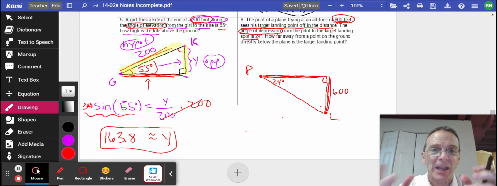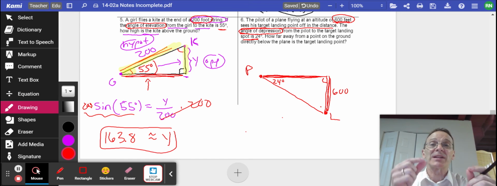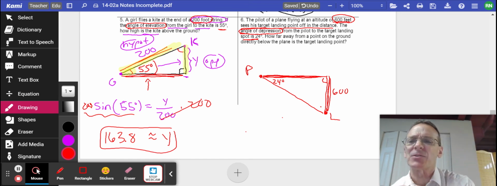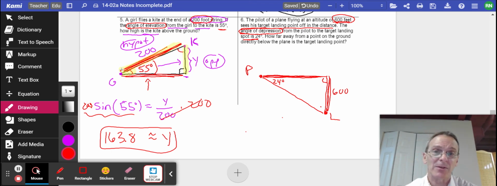But most of the objects really are represented just by points in the triangle. Now, that's not exactly true with the kite problem, because the string was that whole segment there, right? But here, the plane is a point, the landing point is a point.